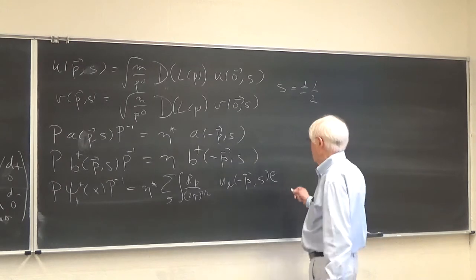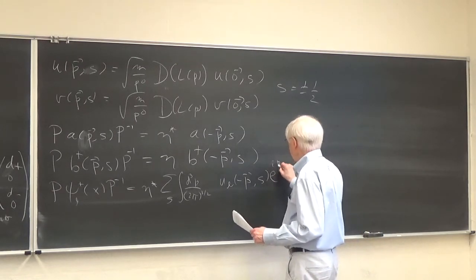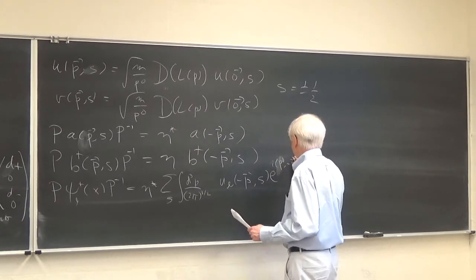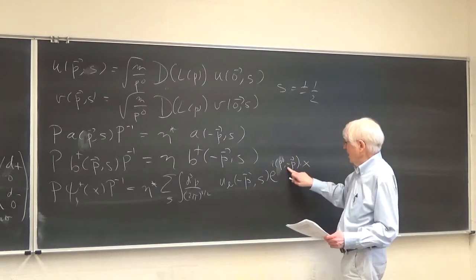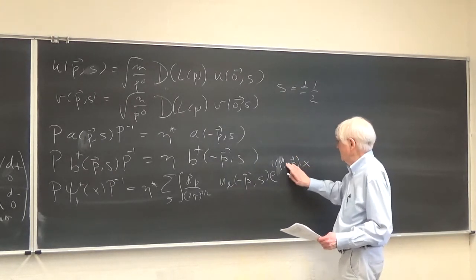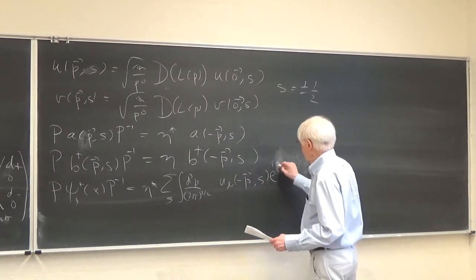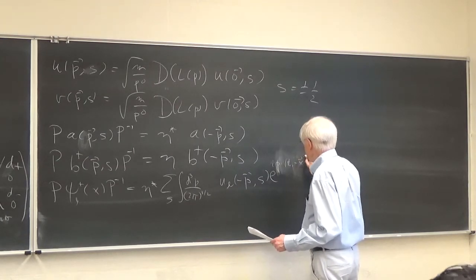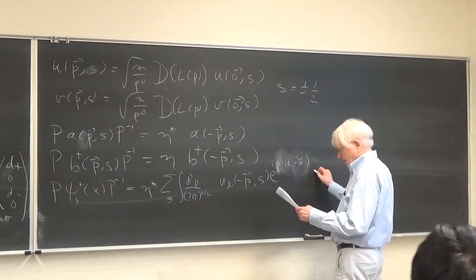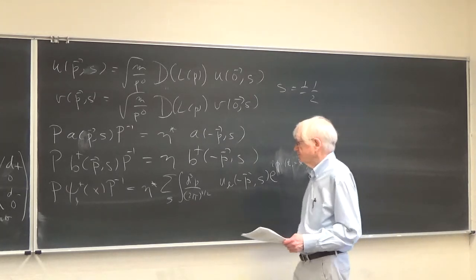In other words, you have e to the i p0 minus p dot x, but you can equally well flip the minus sign to the space part, and so then what you have is e to the i p dot t minus x, a of p and s.